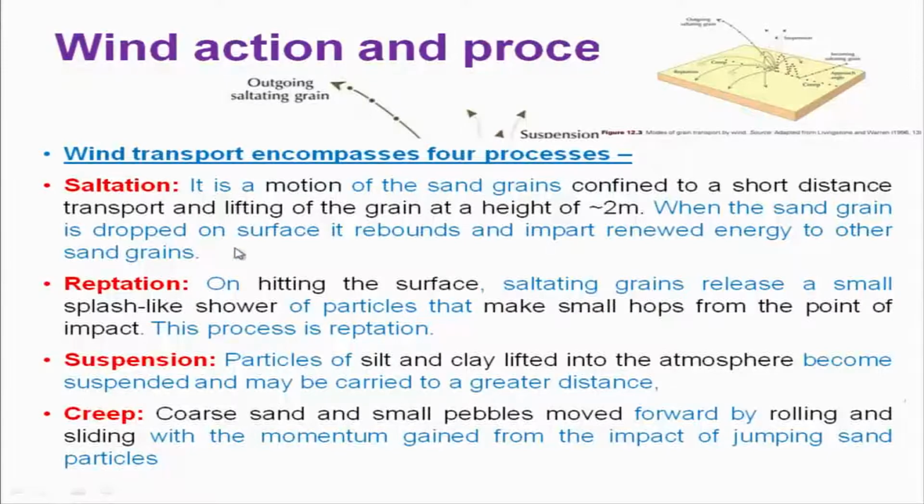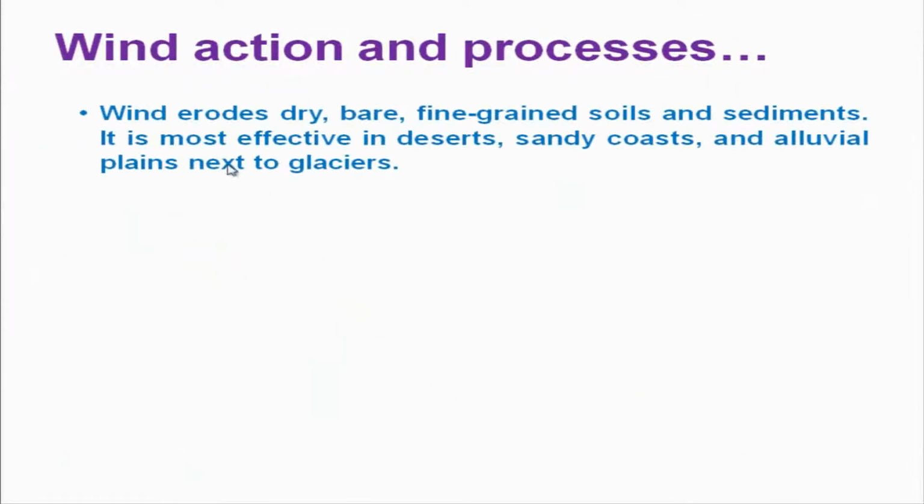So the four processes should be kept in mind, which are very commonly observed in desert areas, and these processes are responsible for transporting and depositing material ranging from pebble size to silt and clay size. Further, wind erodes dry, bare, fine-grained soils and sediments.